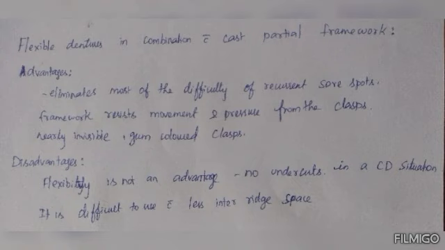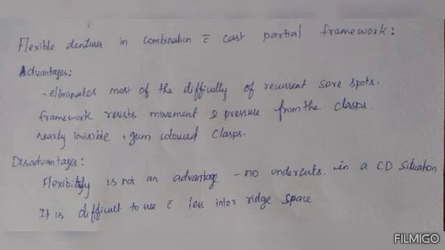Next is flexible denture in combination with cast partial framework. What are the advantages if flexible denture is used along with cast partial framework? It eliminates most of the difficulty of recurrent sore spots, the framework resists movement and pressure from the clasp, and it is nearly invisible with a gum colored clasp. These are the advantages.